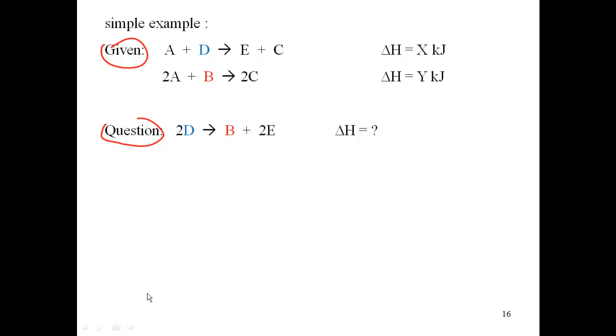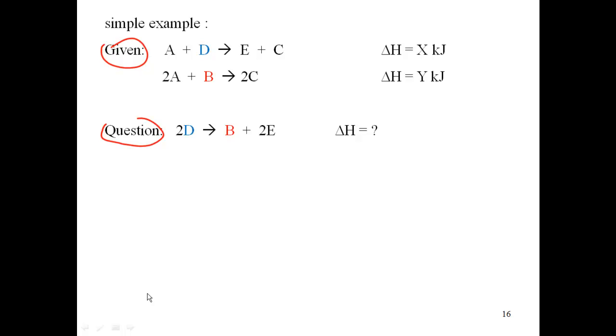So what I tend to do is go one species at a time and try to see if I can find that species in one of the equations. Okay, I want it in one of the equations. If I find the species that's in both equations, then I'm going to skip that and move on to another one. What I'm looking for is to be able to manipulate one of those equations with that one species in it. That way, once I have the correct number of moles and on the right side, I can say that equation's done and then move on.